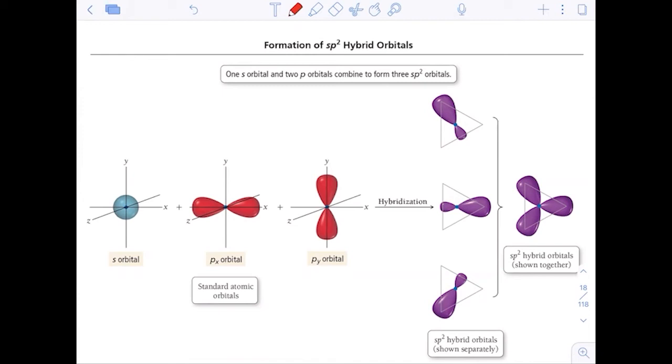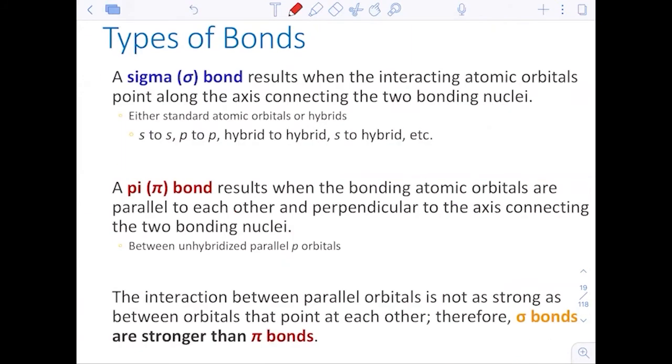Notice that now we are at 33% S, 66 or 67% P. So we're looking a little bit smaller, a little bit bigger lobe here than the sp3. Same basic shape. It looks like a p orbital with an uneven lobe distribution. But that's how these would come together to make that trigonal planar idea and the 120-degree bond angles.